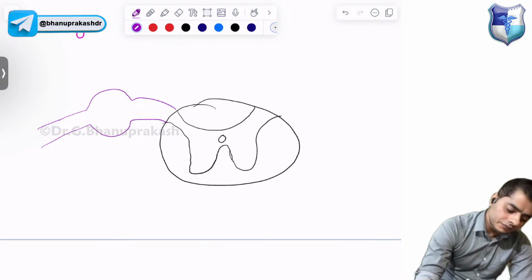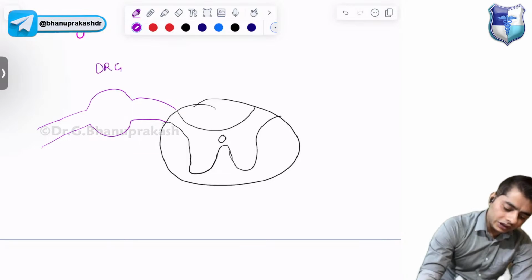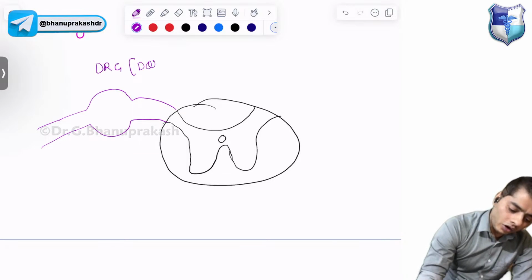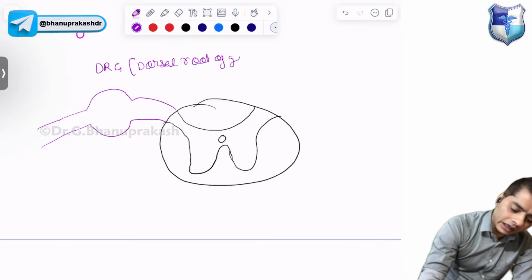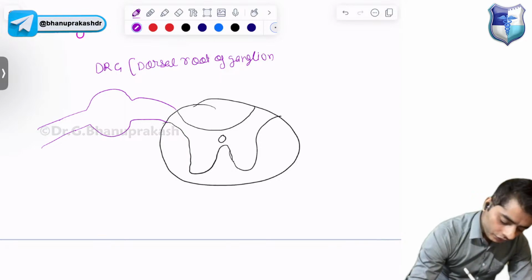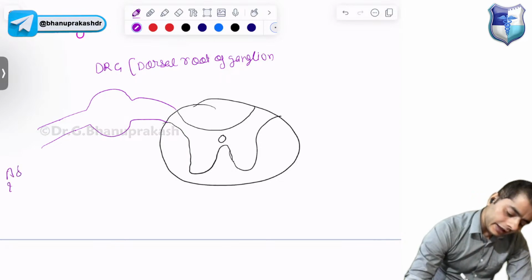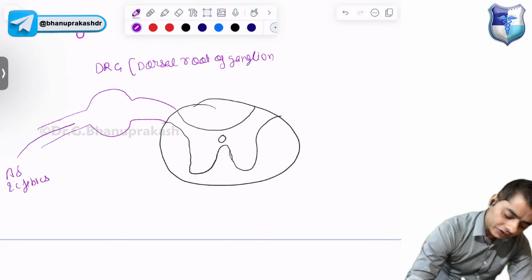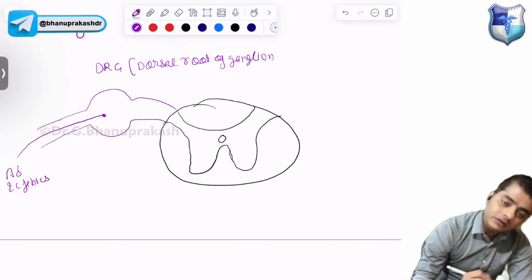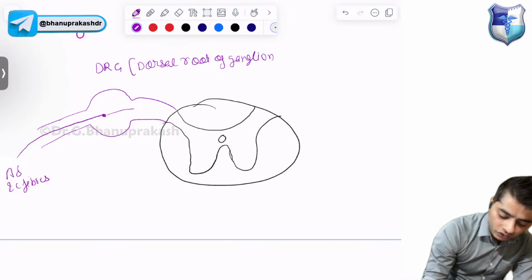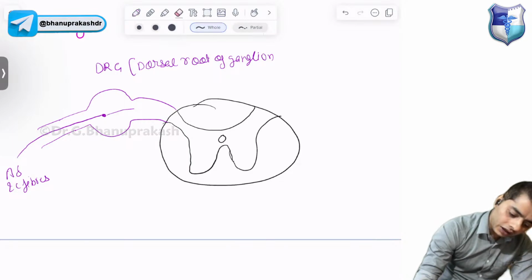This is the DRG, dorsal root ganglion. Now we all know A delta and C fibers carry pain sensation. They will terminate here. From here, the first order neuron will arise.